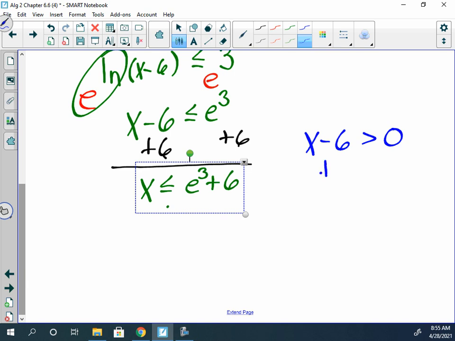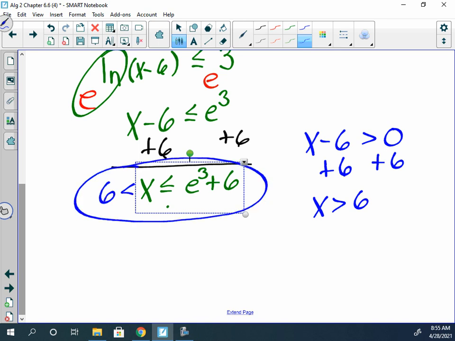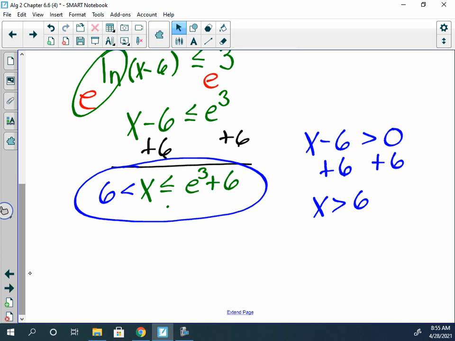So what we can do to both sides is add 6. So x is greater than 6. So this here would be our entire answer. 6 is less than x is less than or equal to e to the third plus 6.